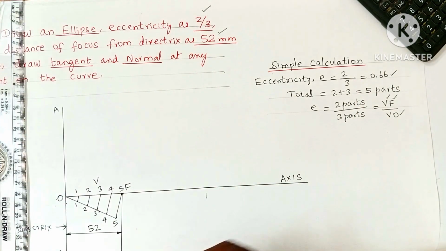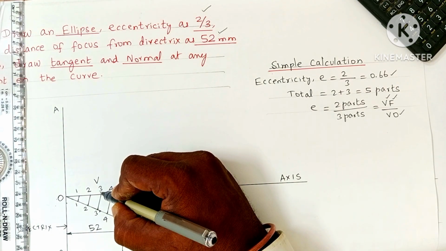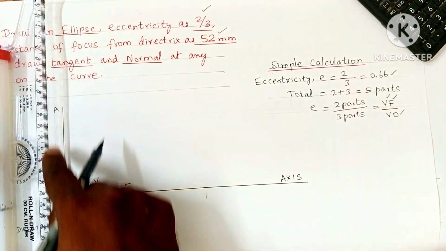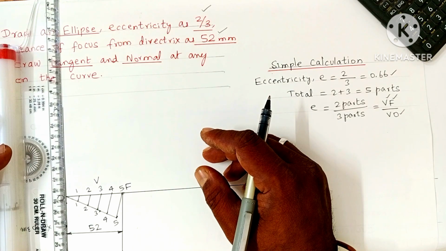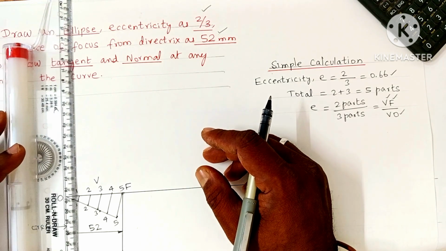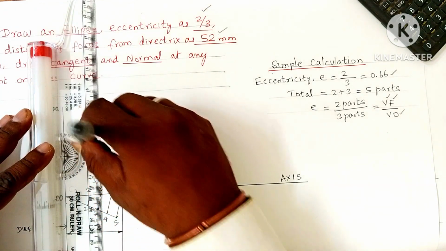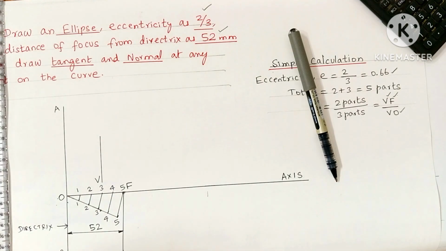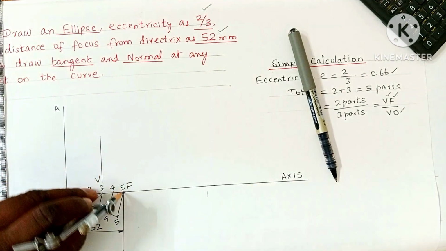Now I am going to draw a vertical line parallel to 3 that passes through the vertex. Again, this edge of the scale must coincide with the directrix line, and roll your scale. At point V, draw one vertical line. Now take your compass, with V as the center and VF as the radius.